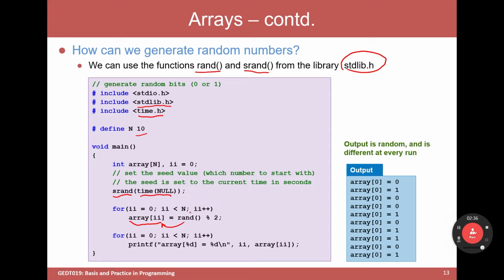If the number is even, modulo 2 will equal 0. If the random number is odd, modulo 2 will be 1. So that means we assign to the elements of the array 0 or 1.